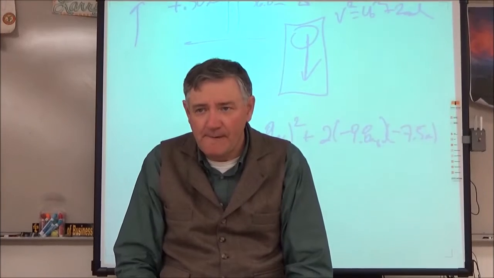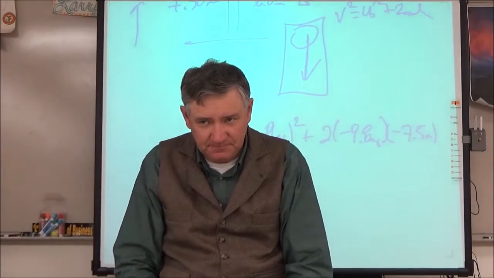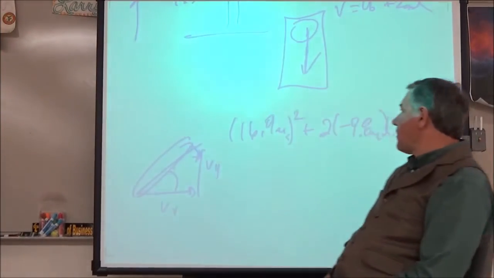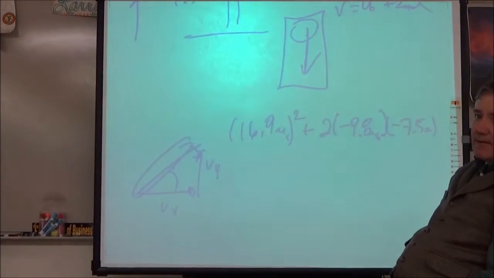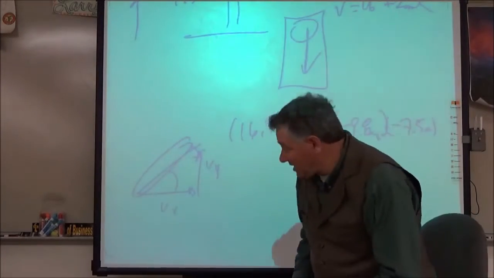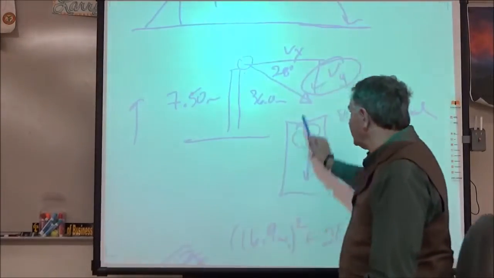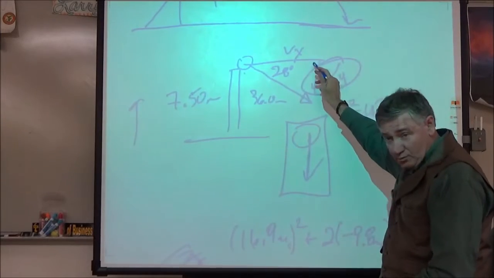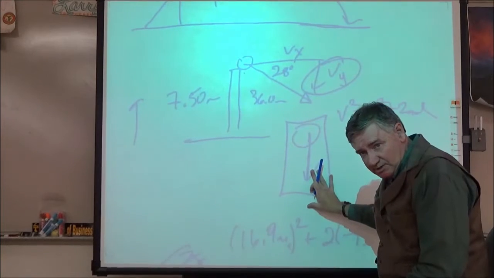Yes, Kelsey? When you calculate Vy, like Vy equals sine 28 times 36, that's calculating Vy initial, is that right? Yes, in terms of analyzing it as it falls from here to here, we are going to call that the initial velocity, and you're trying to find the final velocity when it lands.